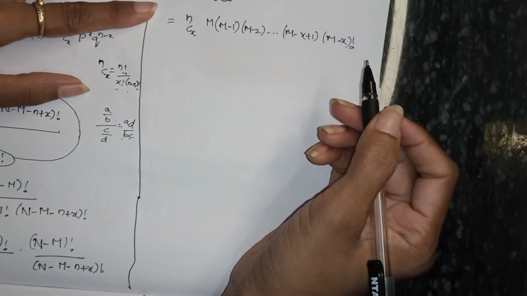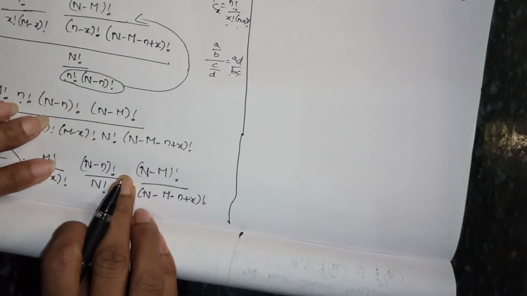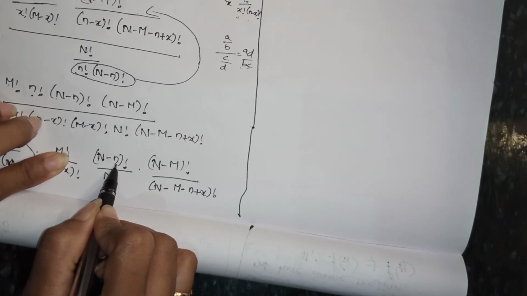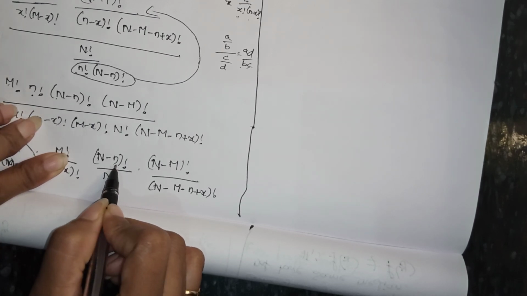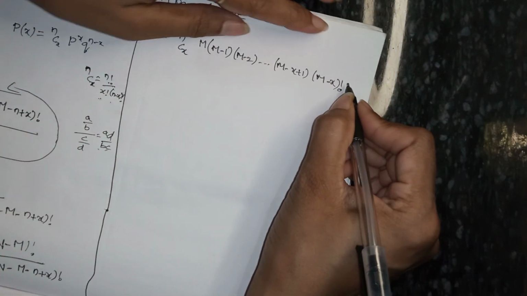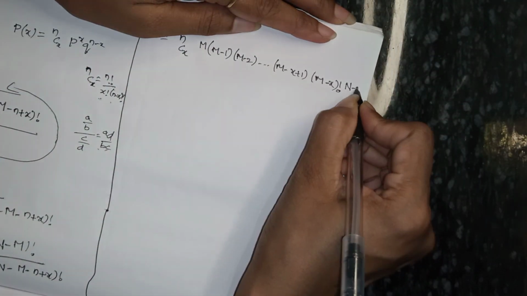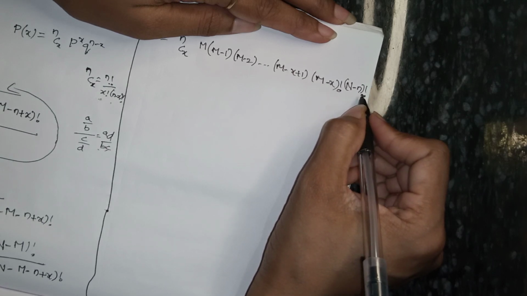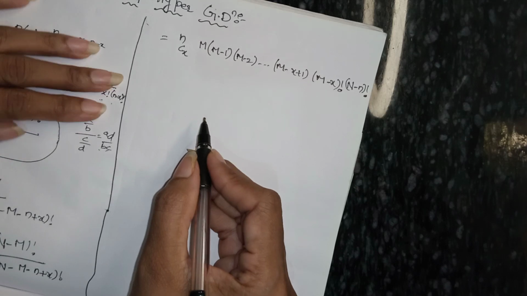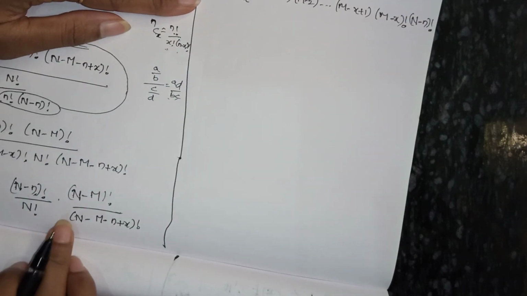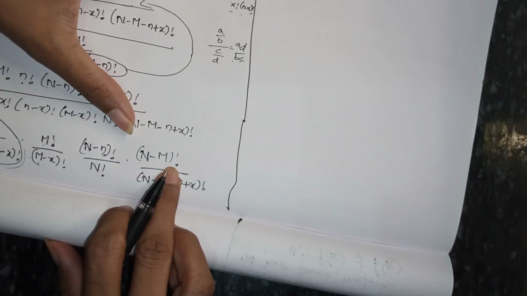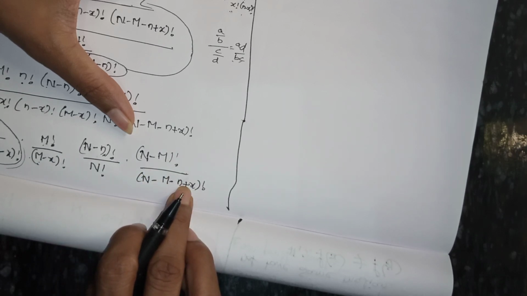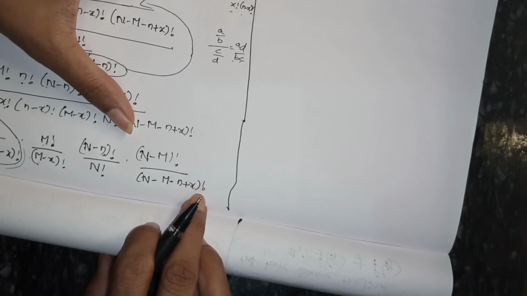And the next we are having N minus n factorial, so we write N minus n factorial as it is. And the next is N minus M factorial by N minus M minus n plus x factorial.